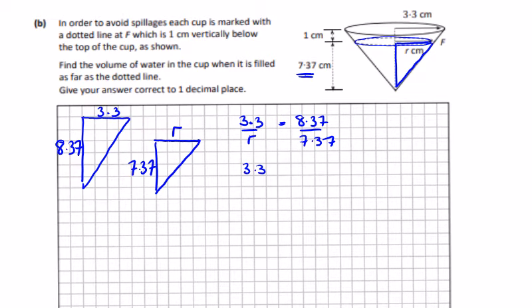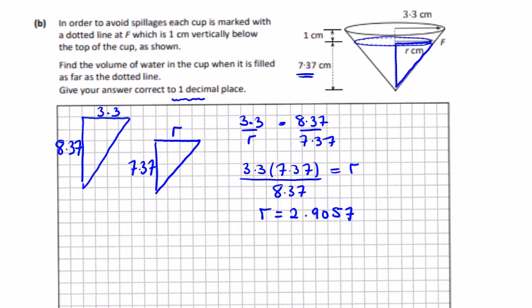So 3.3 by 7.37 is equal to R times 8.37. So divide by that 8.37. And that's going to give me R to be, what am I asked for the answer? I'm asked for the end answer, 1 decimal, so I won't round off too early. 2.9057. I'll leave it at 2.9057 for now.